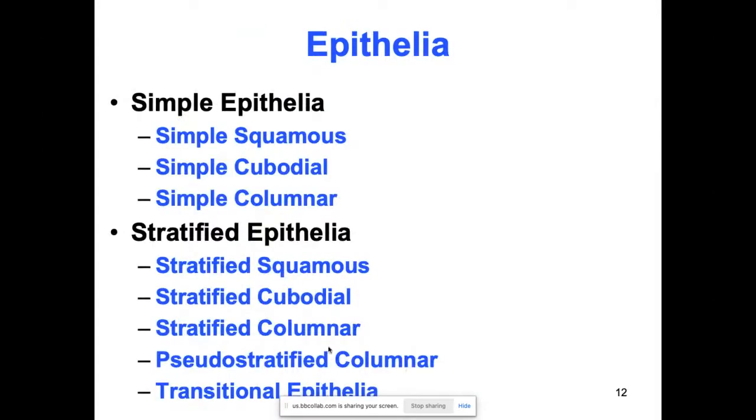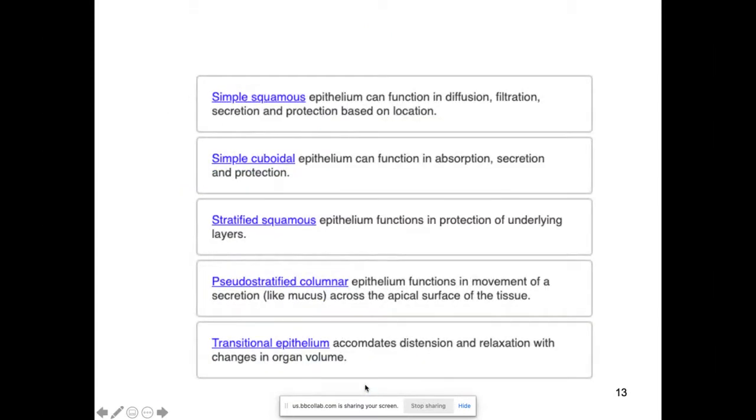Okay? So you can have simple squamous epithelium, simple cuboidal, and simple columnar. On the stratified side, stratified squamous, stratified cuboidal, stratified columnar, and pseudostratified columnar. And again, with pseudostratified columnar, we will often see cilia associated with them. And transitional epithelium, we're thinking urinary bladder.